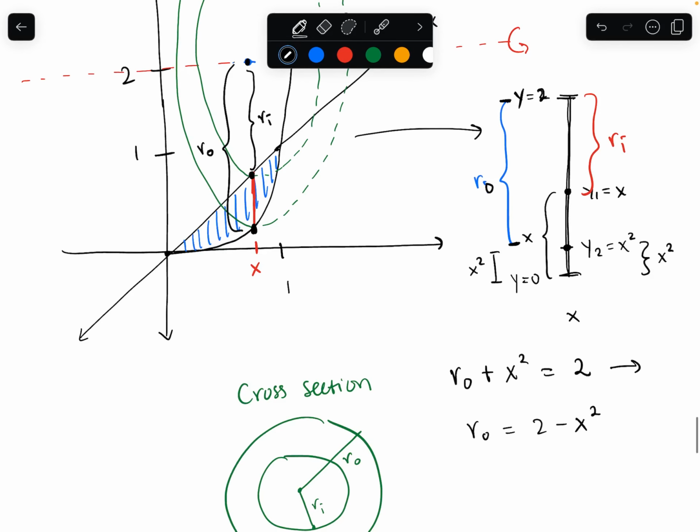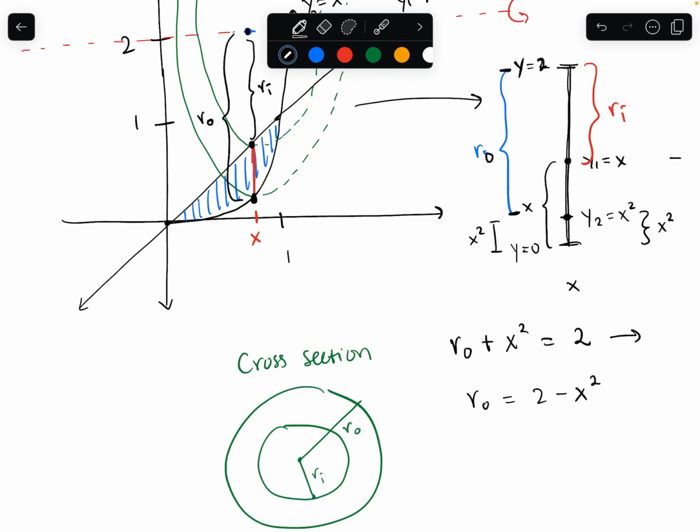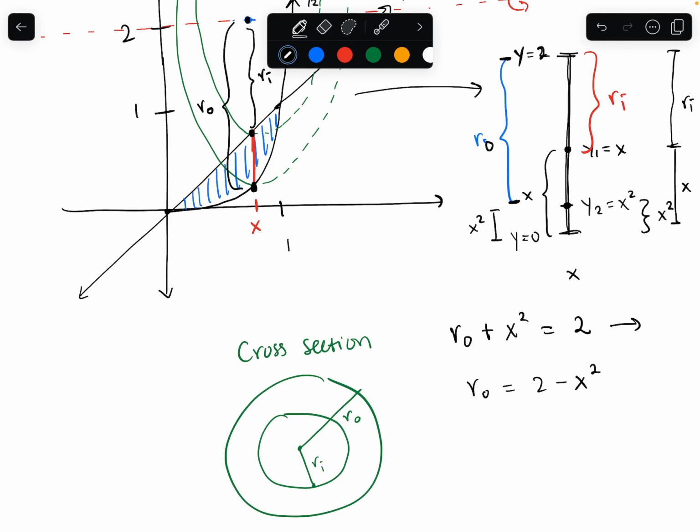Okay. Similarly, if I do the same with the inner radius, this entire height here is x, and that entire height here is the inner radius I'm trying to solve for, and that also adds up to 2. So you just read off what the picture is telling you. Inner radius plus x equals 2. That means the inner radius is 2 minus x. Okay. So now that I have the outer radius and the inner radius, I can compute the area of the cross-section at x.